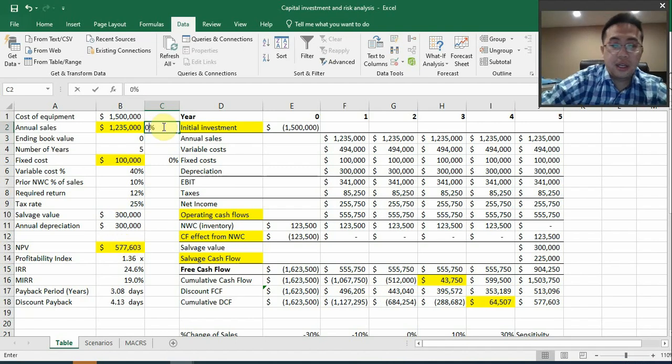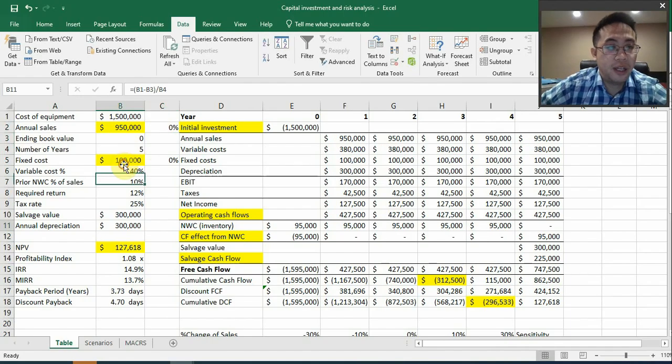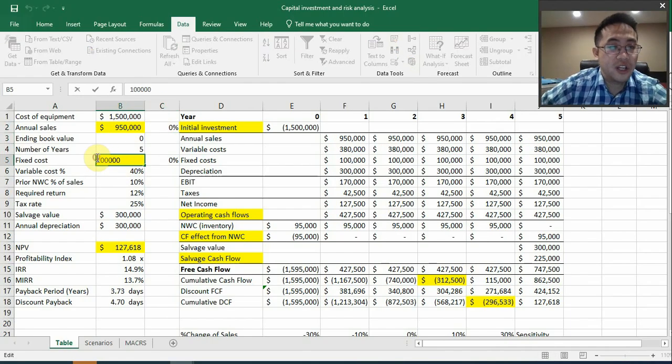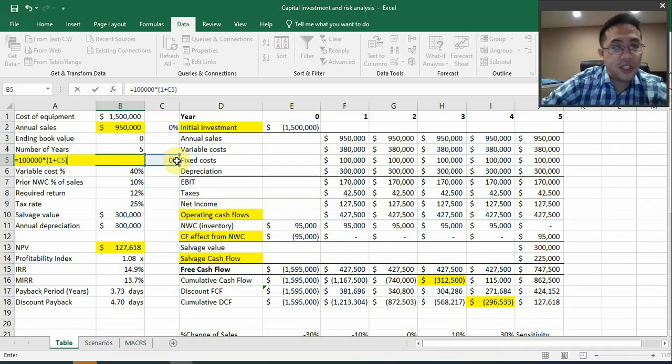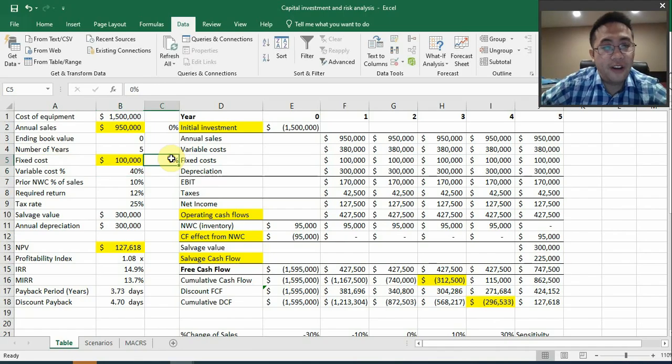All right, and I'm gonna do the same thing. I will change my fixed cost from 100,000 to 100,000 times 1 plus this percentage. So right now it's set at 0%. If I change it to 10%, then you can see the fixed cost increase by 10% and the NPV decrease.